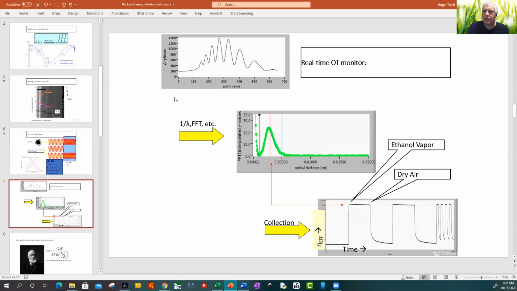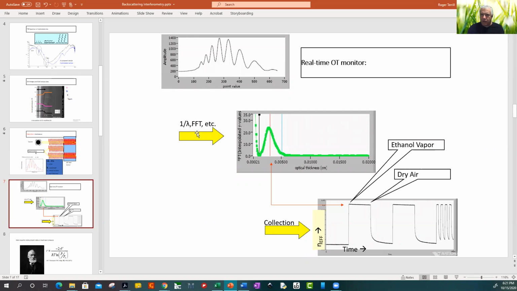In this case, what I did was I took the data off the spectrometer, the point value. It's kind of like the wave number. Actually, I take these point values and convert them to wave numbers. The point value has a wavelength, and I convert the wavelength to wave number.